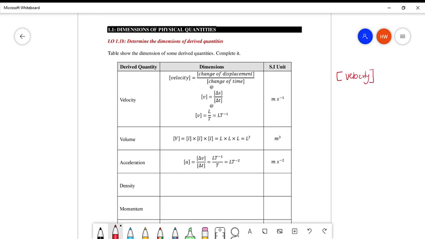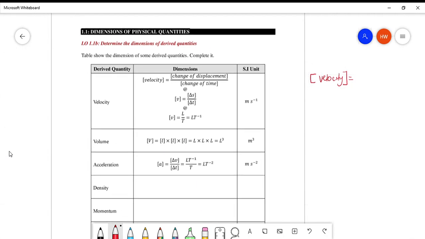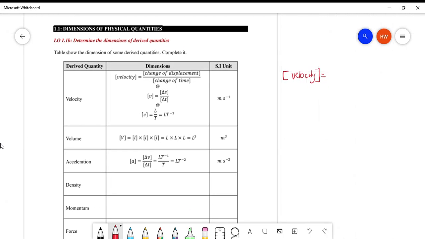To find the velocity, we have to write down the equation, which is the change of displacement over time. Just now I showed you that the equation for velocity is s over time.